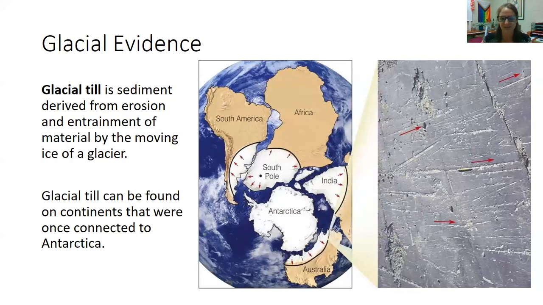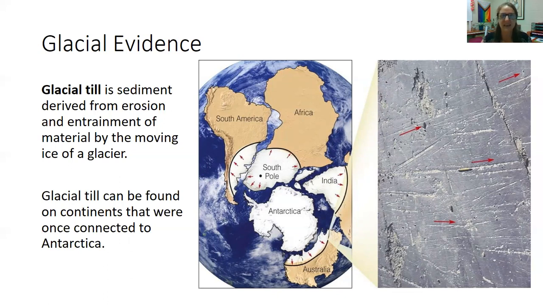We also see glacial evidence. Glaciers leave evidence of them flowing. Remember, glaciers are basically rivers of ice, these huge blobs of ice that flow very, very slowly. And as they flow, they grind up material in front of them, kind of like a bulldozer.